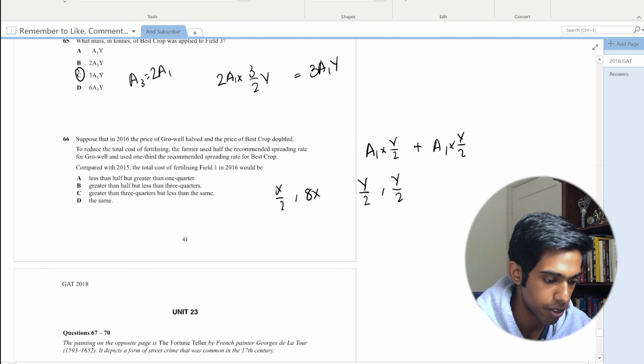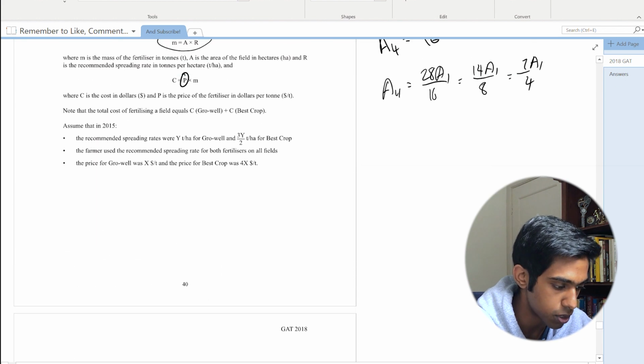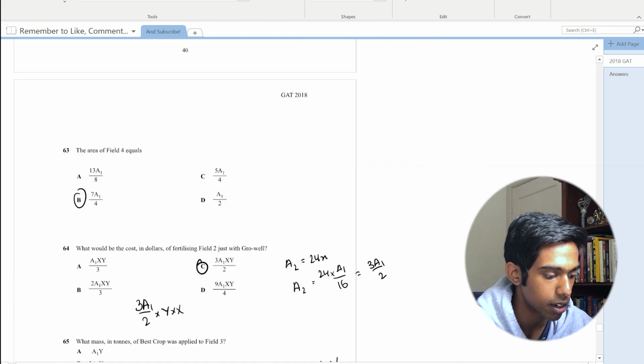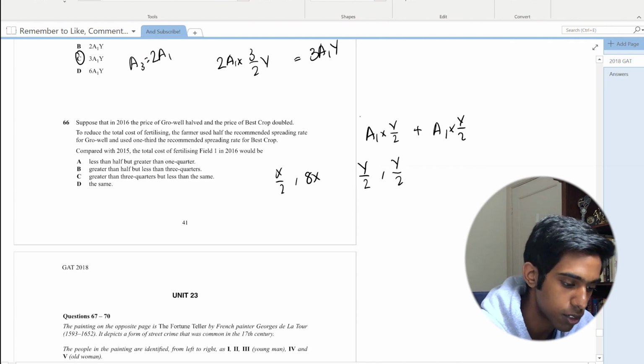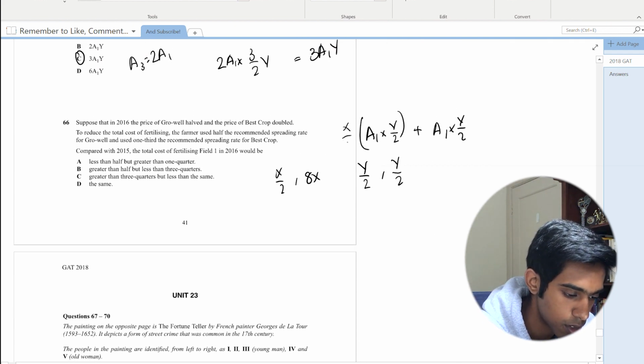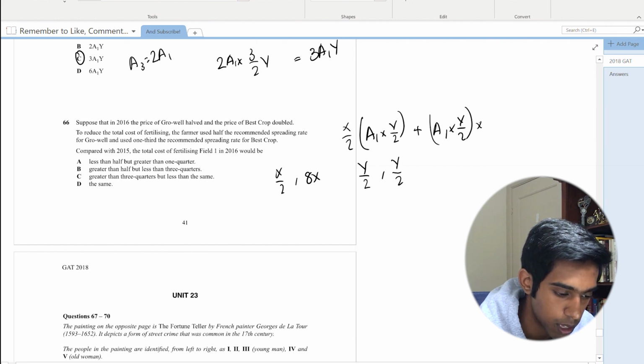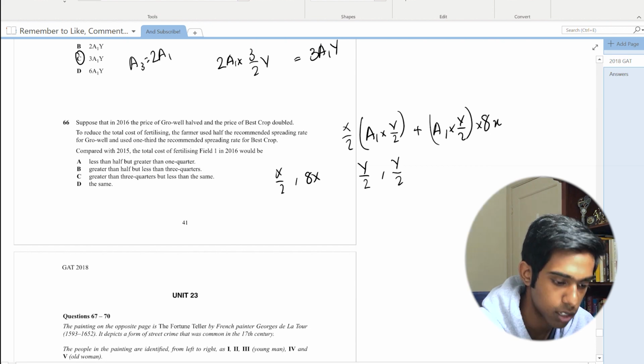And we've got to do that all multiplied by the price. The first one is Grow Well, so we multiply this by x on 2. Second one is Best Crop, we multiply this by 8x.